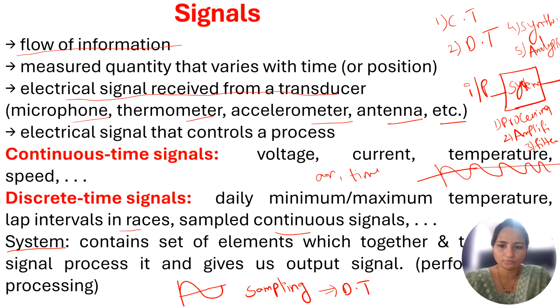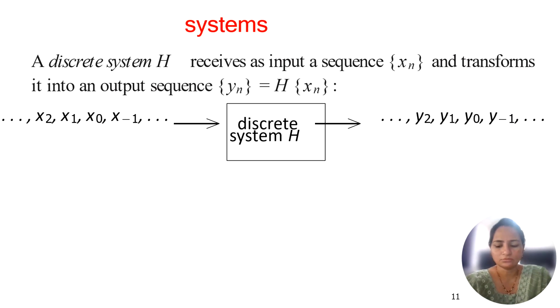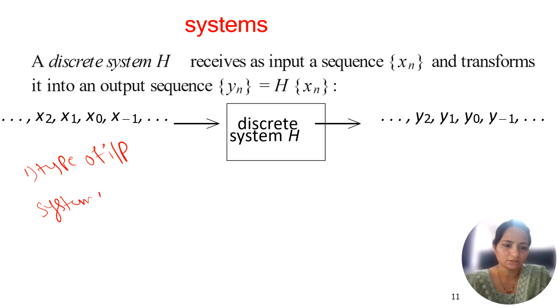The system performs a signal processing application. It has an input and a definite output. This is the definition of the system. Now, depending upon the type of input, the system is again classified into two types: one is the continuous time system and the second is the discrete time system.